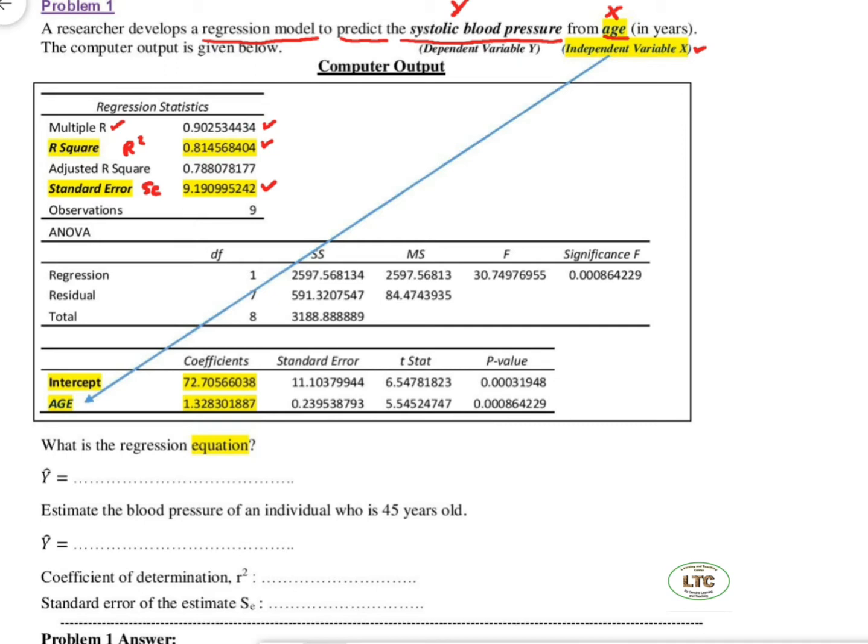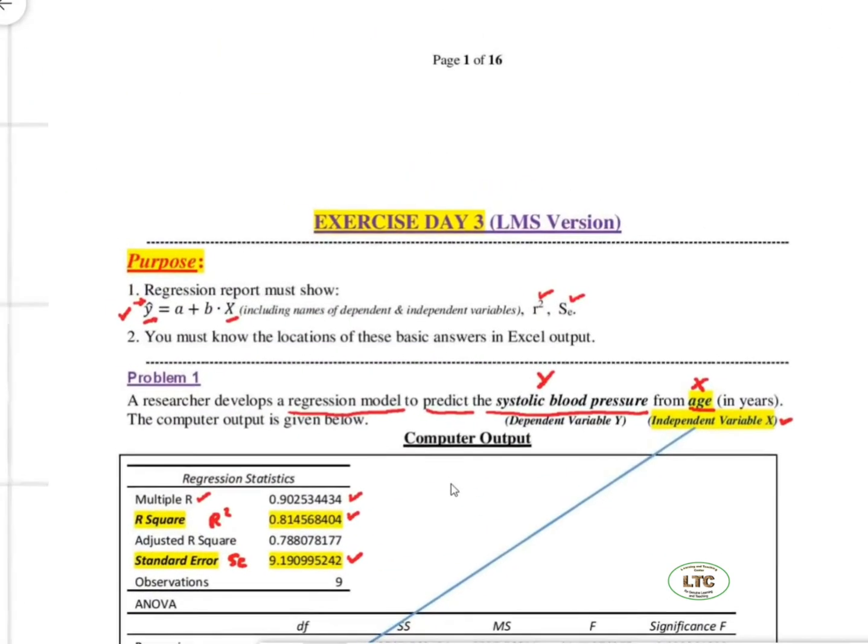Coefficients, they are intercept, y-intercept. You call it y-intercept or the constant. A is called the y-intercept or constant. B is called the regression coefficient, not correlation coefficient. Regression coefficient or slope of the regression line.